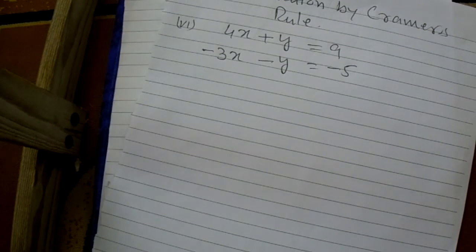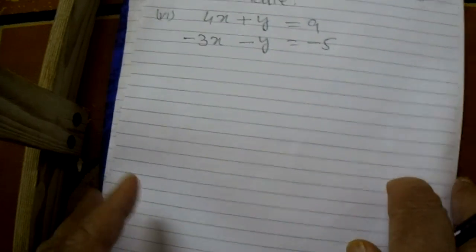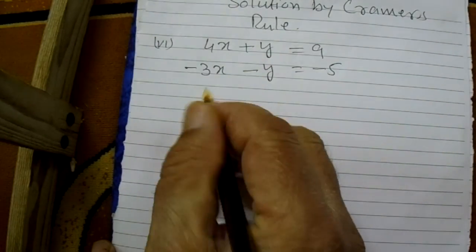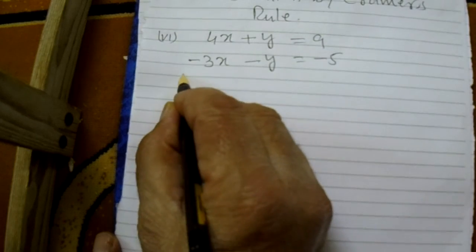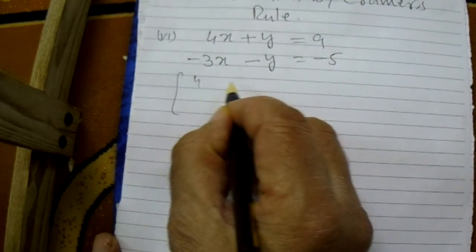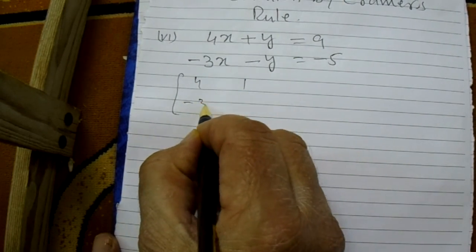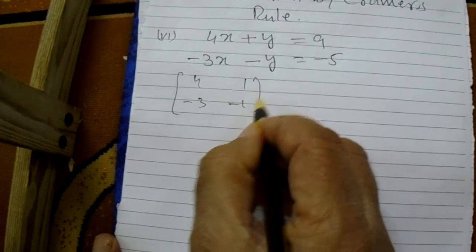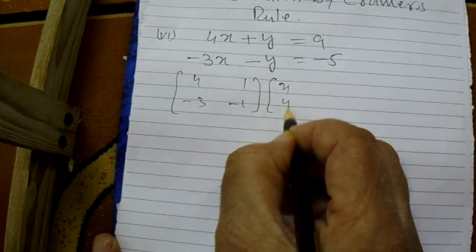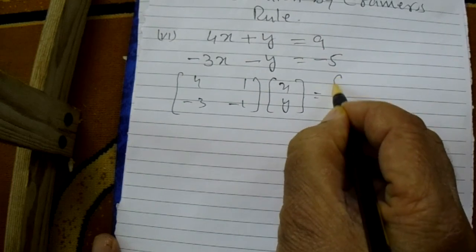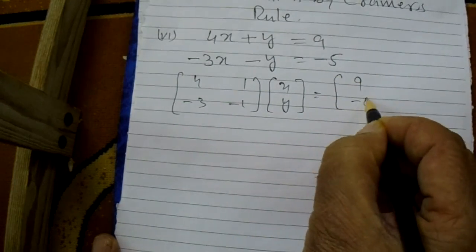Now again we solve the sixth part by the help of Cramer's rule. The first step of this question is we write it in matrix form. This is our matrix: 4, 1, minus 3, minus 1, and here x, y, and here is equal to 9, minus 5.